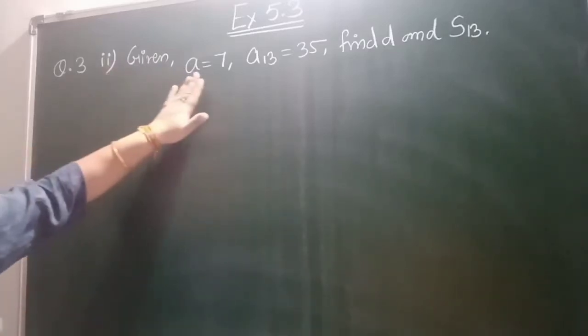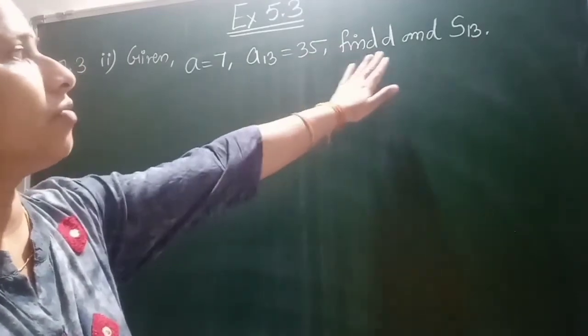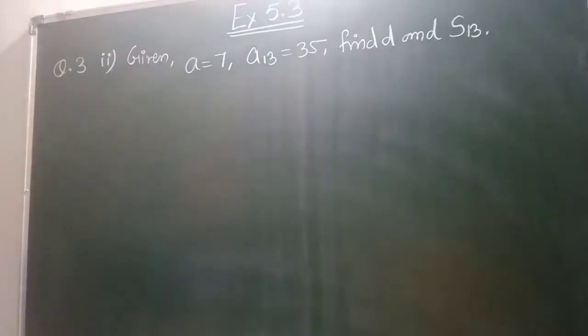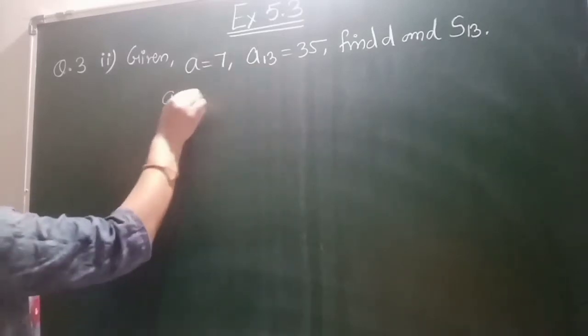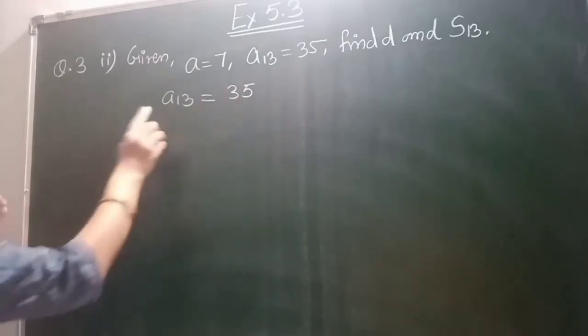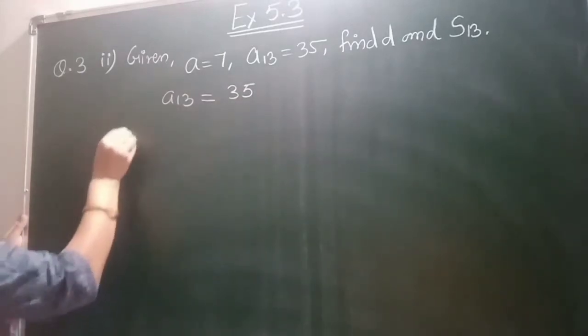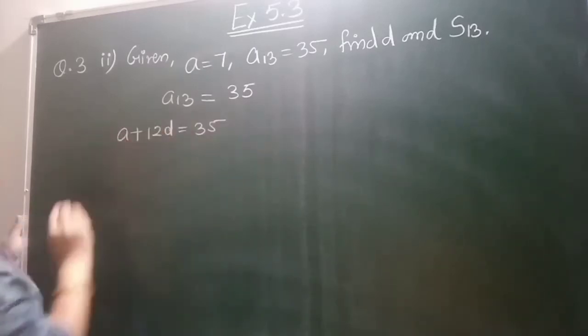Second part is a equals 7, a13 equals 35, and then we have to find d and S13. So students, what is given here? First a13, the 13th term, is 35, and in place of a13 what can we write? We can write a plus 12d, which is equal to 35.